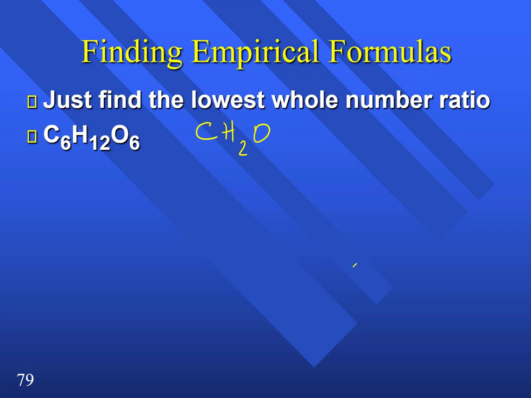Okay. Now, actually, there's a lot of chemicals that have this empirical formula. And it looks like they took carbon and added water to it. Like they hydrated carbon. So all the chemicals that have this empirical formula are called carbohydrates.